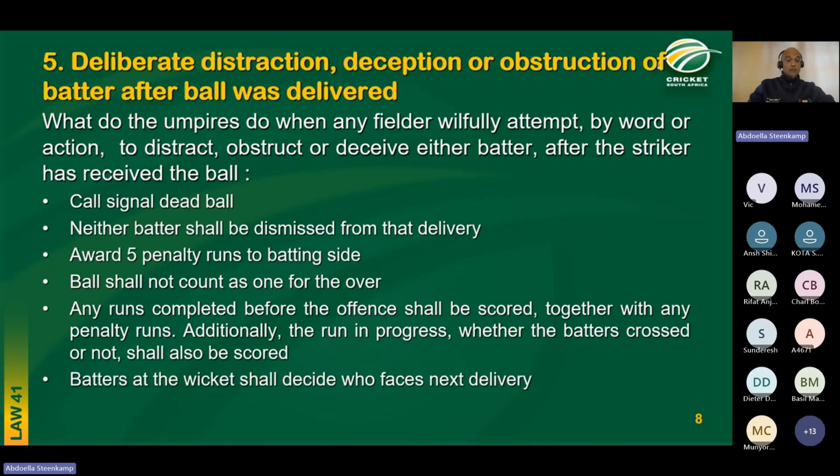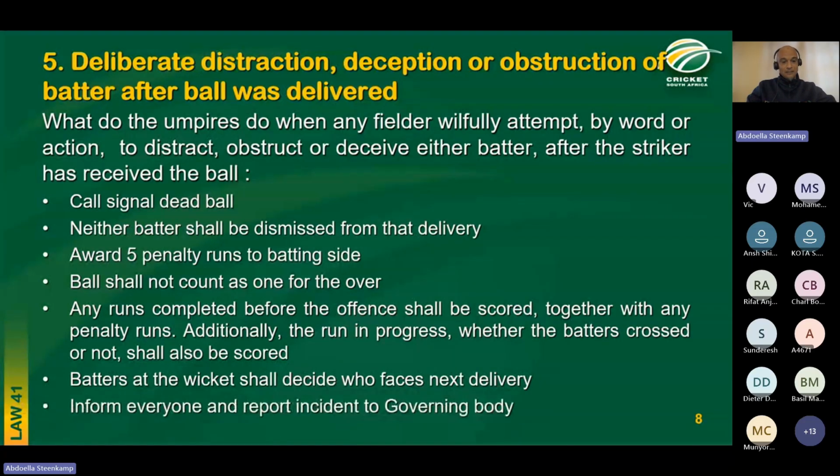And batters at the wicket, they will decide who faces the next delivery. Also the only place in the law book that you'll find this. Batters, they decide. So the umpires will practically go, batters, who of you wants to face the next ball? Whoever they decide, and whatever decision they made, that batter will take strike for the next delivery.